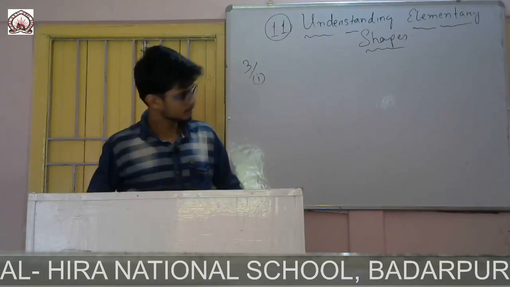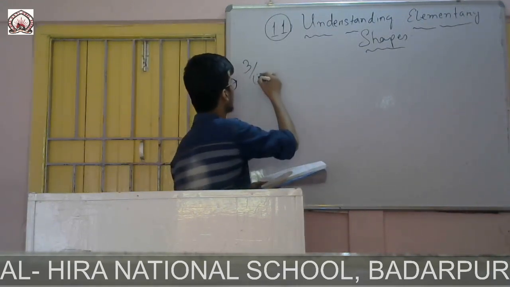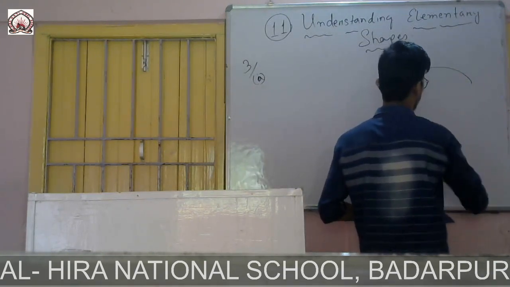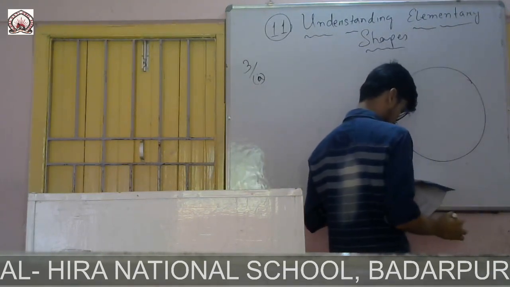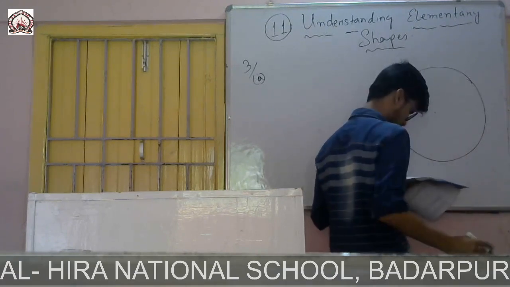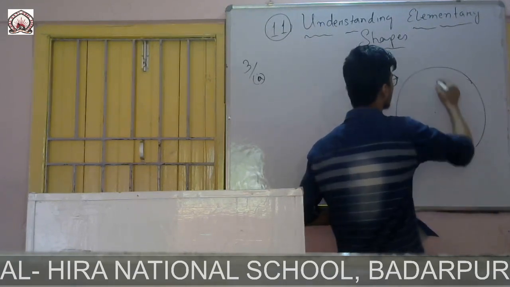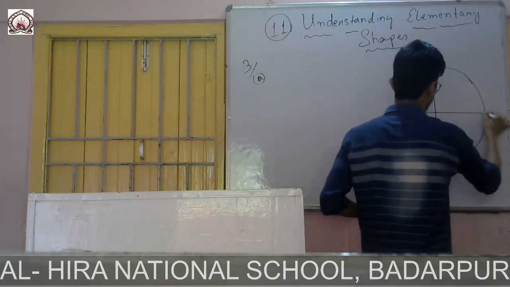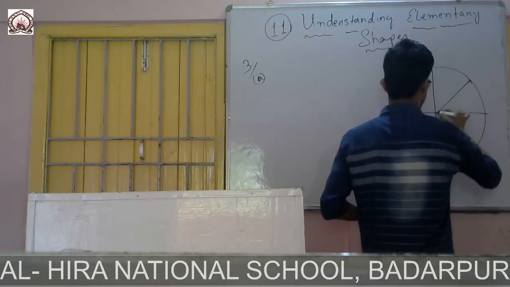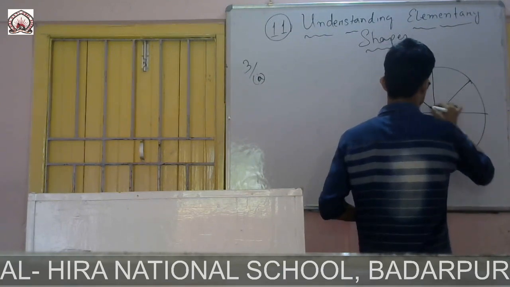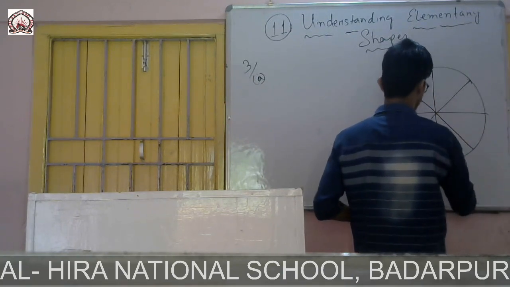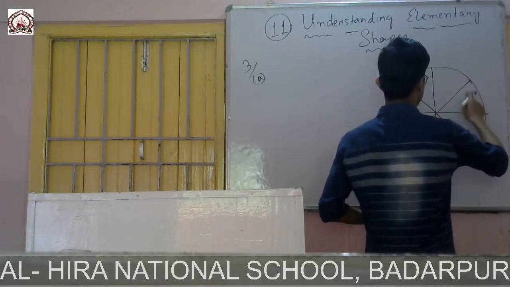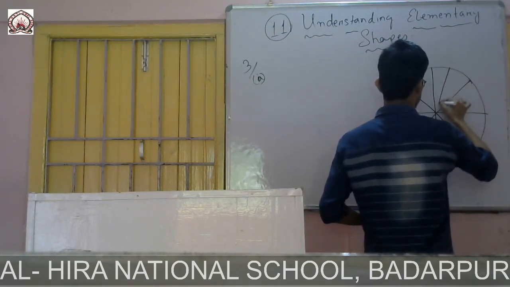Before doing question number A, I will draw this figure. But how many parts? 16 parts. Let me give it like this: 1, then 4 parts, then again another part, again another part. How many? 1, 2, 3, 4, 5, 6, 7, 8. That means if I give here one part, 8.